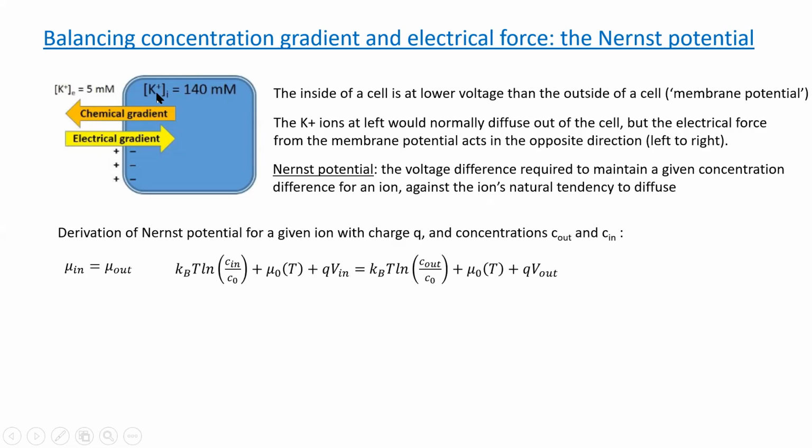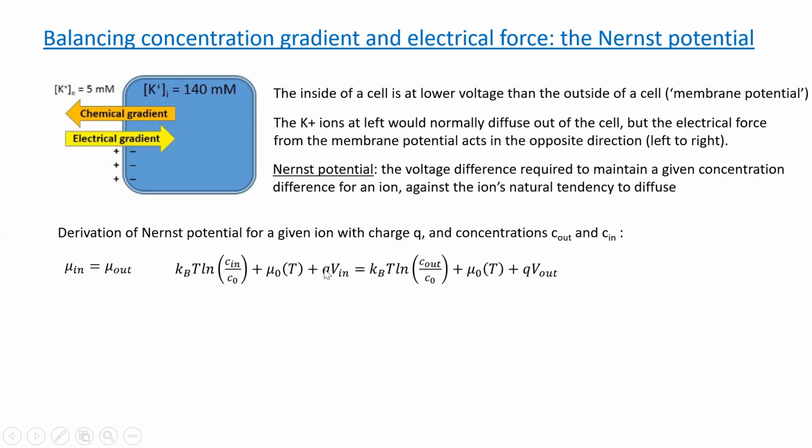The first part of this expression, mu in, was from our previous work, equal to kBT log C in over C0 plus the reference potential. That's what we found for the chemical potential of an ideal gas or a dilute solution.